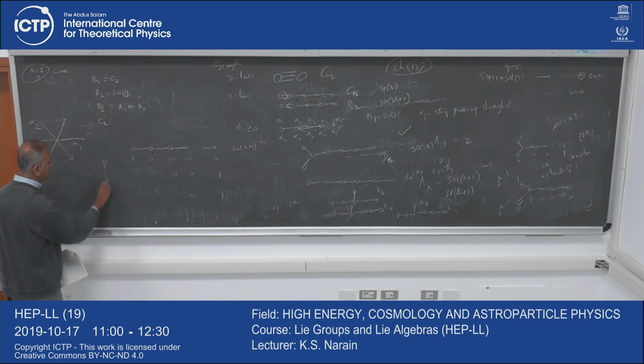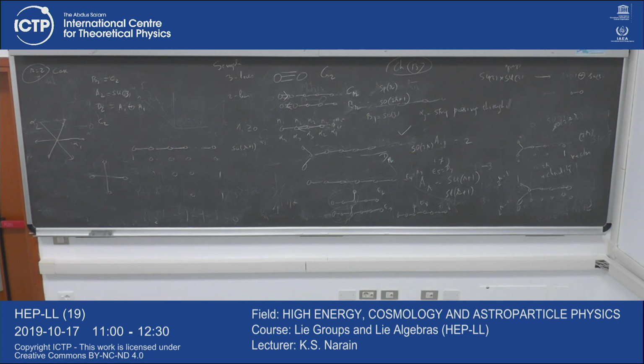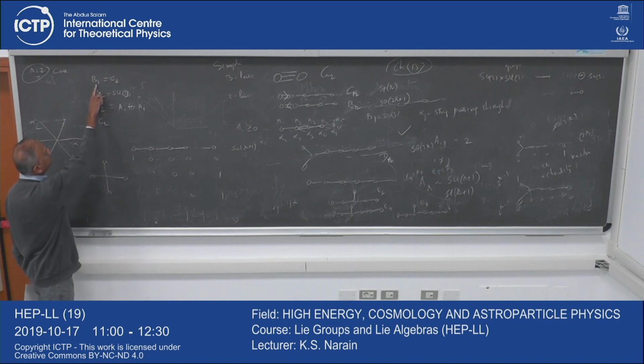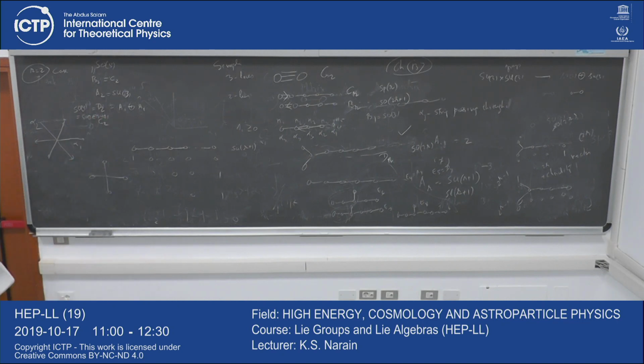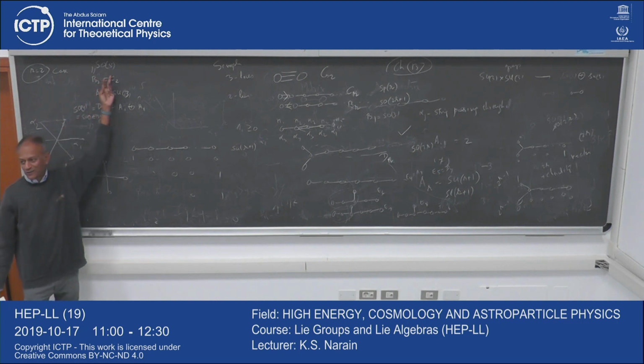B2, on the other hand, is basically this diagram. This is basically SO4, and SO4 is the same as SU2 plus SU2. But B2 is SO5, right? And SO4, which is equal to SU2 plus SU2 as an algebra, is certainly contained inside SO5.